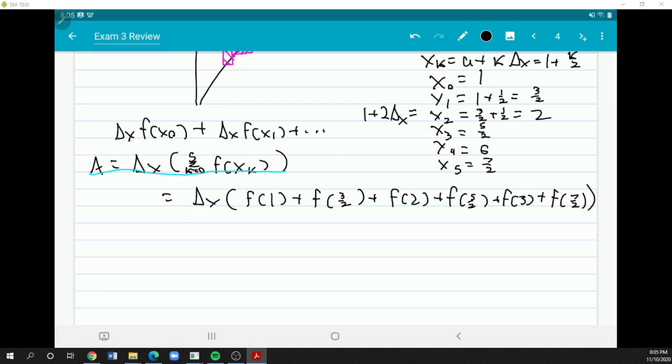Plugging in, we get delta x is 1/2. And now, just to be safe, I'm going to put this in a calculator so I don't mess it up.